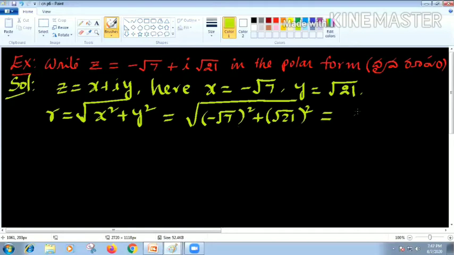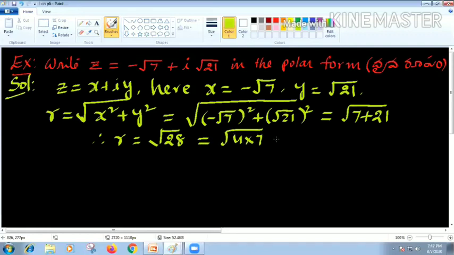So that will be 7 plus 21. So here the r value will be root 28, and this can be written as root of 4 into 7, that will be 2 root 7. This is the r value.